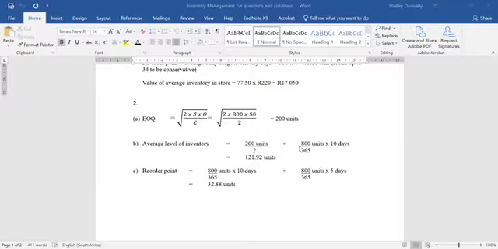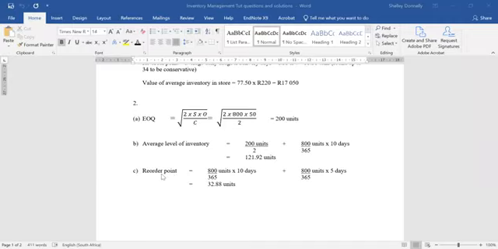And that plus the average of 100 between what they order each time of 200 units, drop down to 22, go up again, etc. That average was 100. So 100 plus 22 will be 122, the average level of inventory.